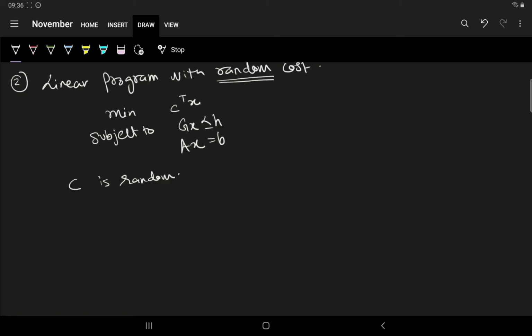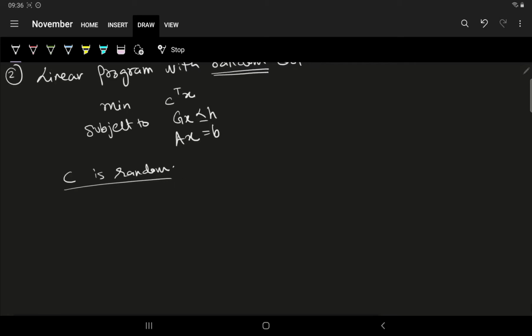So when c is random, two things come into the picture: the expectation and the variance of c.